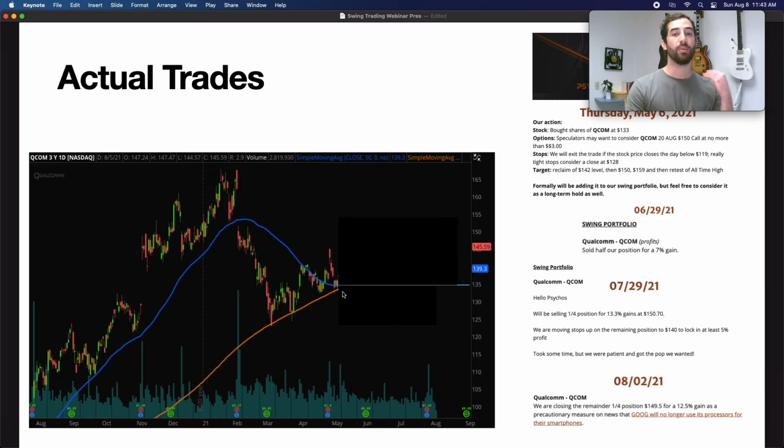And we keep that in consideration. Even though we're buying a 50 MA and 200 MA setup, because this is so close, we're going to consider the stop level on a multiple bottom setup, okay? And that's what we did. That's why we had it at 119.